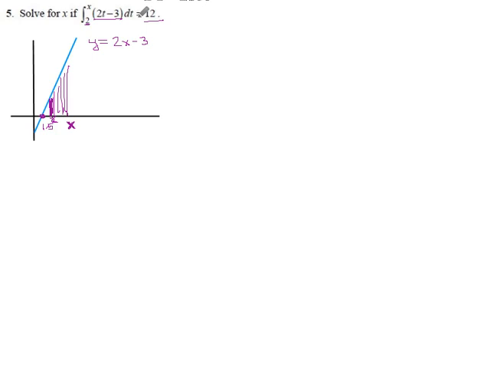Let's get that integral done as much as we can, and then we'll see what we can do about this x. So we have the integral from 2 to x of 2t minus 3 dt.